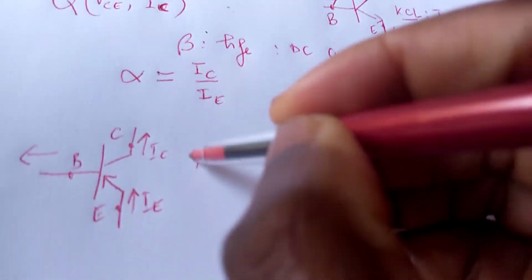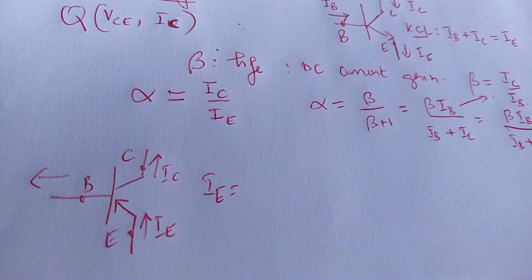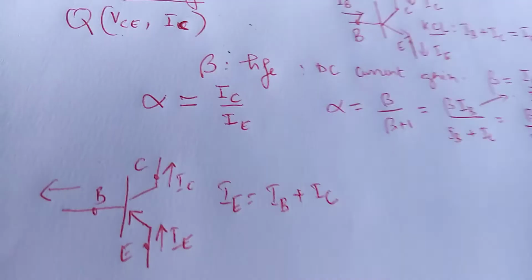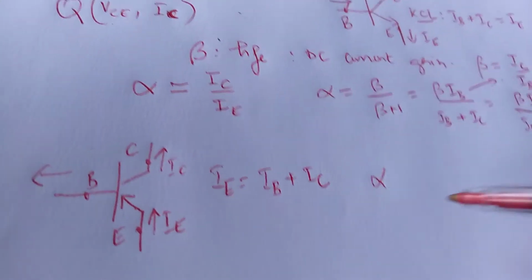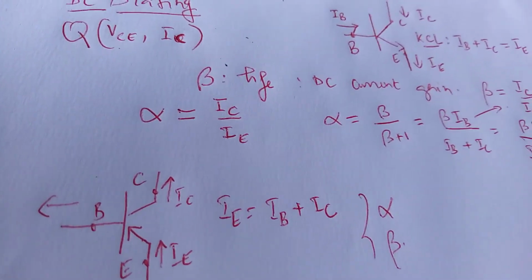If you apply Kirchhoff's current law once more, IE, which is the only current going into the transistor, is equal to the sum of the two currents going out, which are IB and IC. The same definitions of alpha and beta apply. So that is in terms of current.